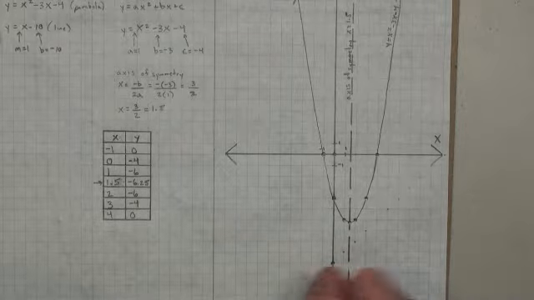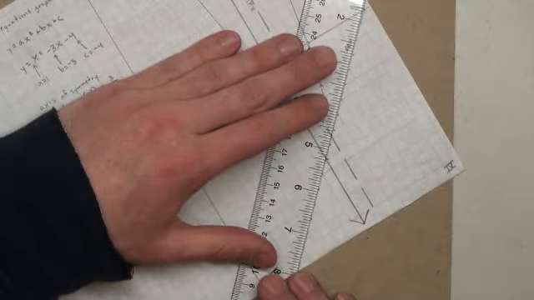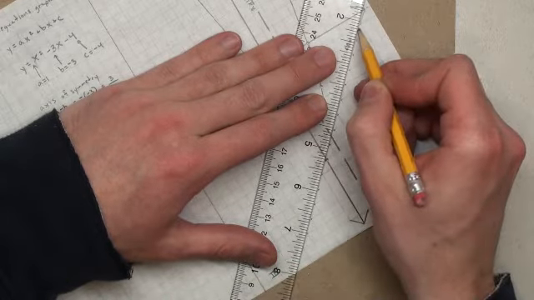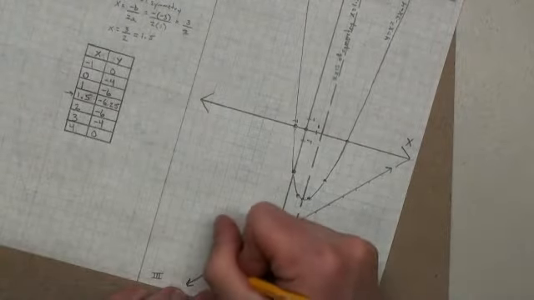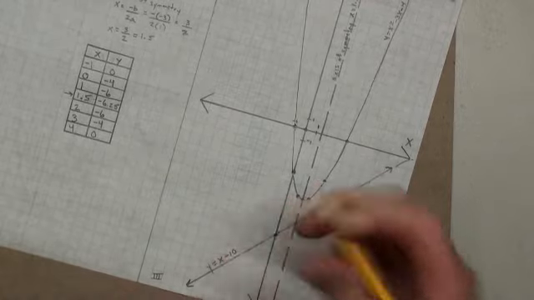It does not even look like our line is going to touch the parabola at all, and that's okay. That can happen. Let's put y equals x minus 10.